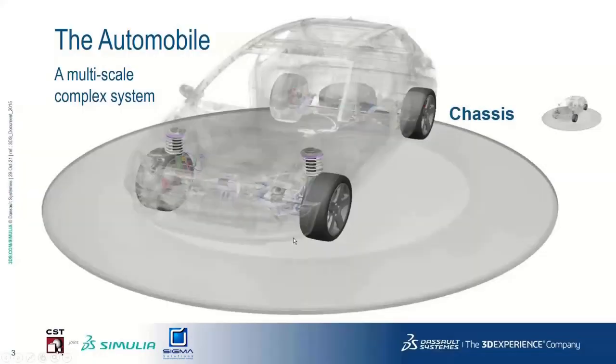If you look at a car nowadays, we are talking about a very complex system. There's so many subsystems there, right? There's lots of electronics in there, more and more, in fact. So we have several components in an automobile.